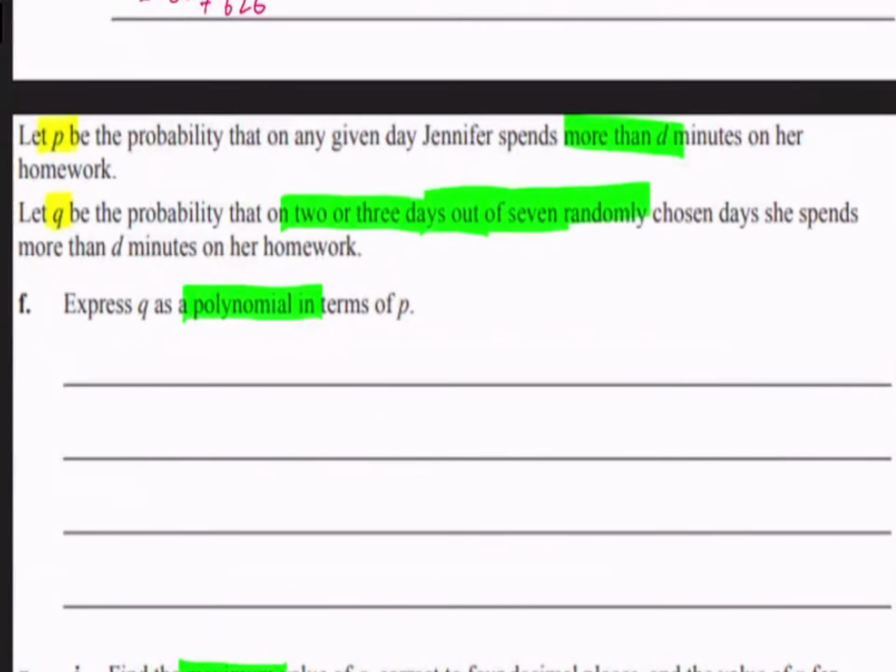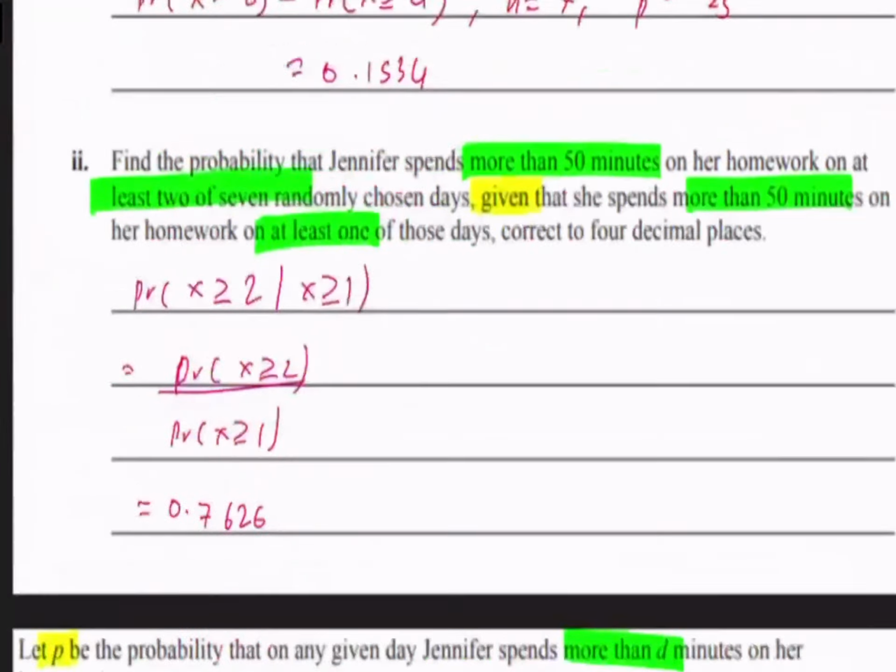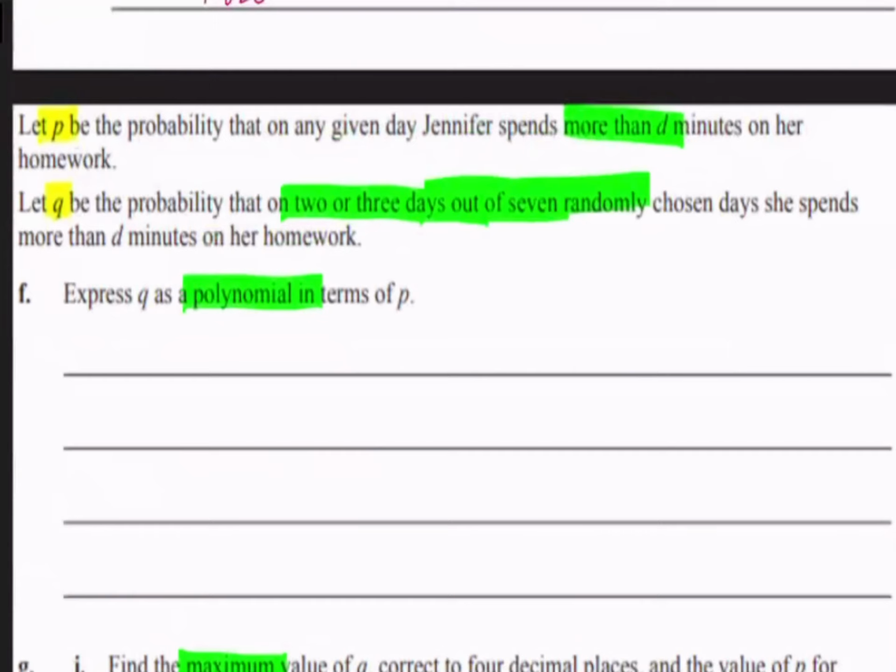Now they've kind of taken out the numbers, but you still use the same concepts as you did before. P is the probability that she spends more than D minutes on her homework. So the probability that T, I'll say, is the time she spends on her homework, is greater than D, equals P. And Q is the probability that on 2 or 3 days she spends more than D minutes on her homework.